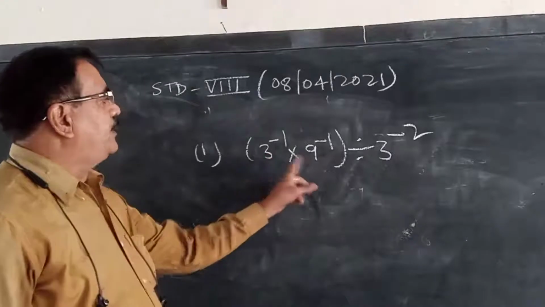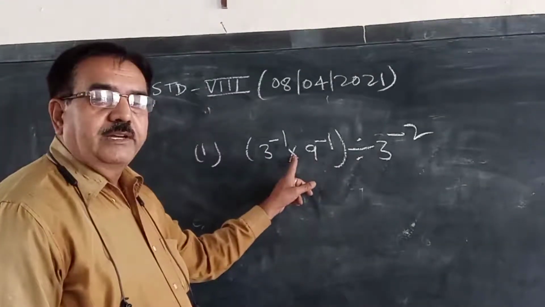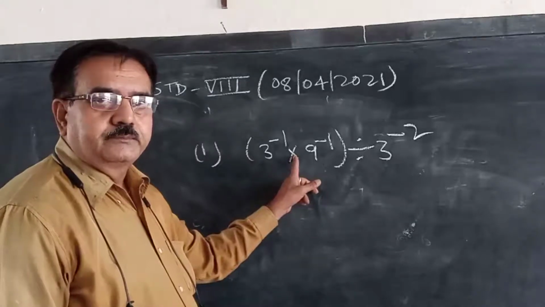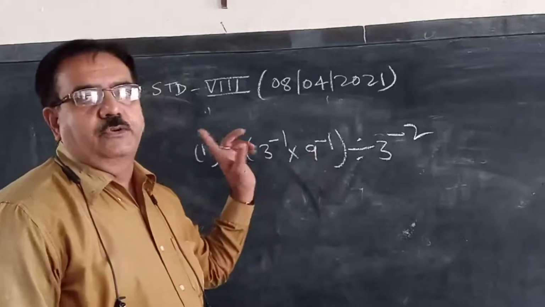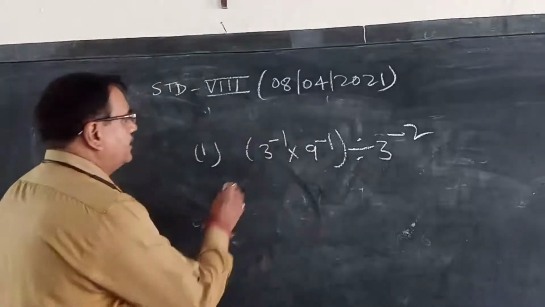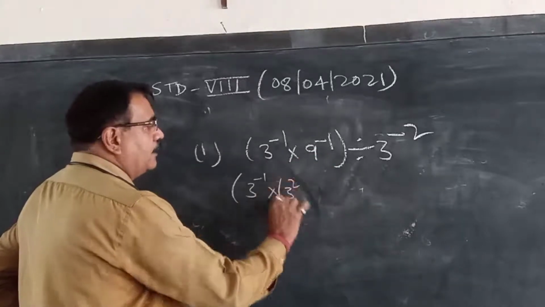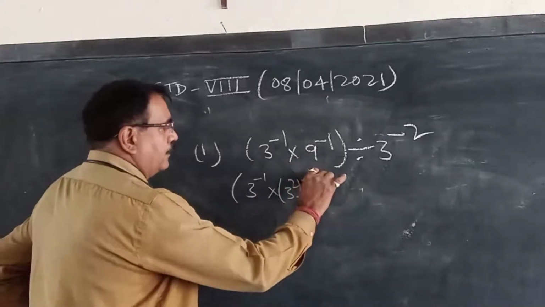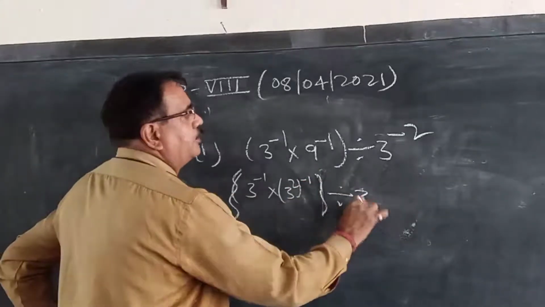Between these two, what sign? A multiplication sign is there. We can make the base the same also here. How to make the base the same? 3 to the power minus 1, and 9 we can write as 3 squared, their power minus 1, in curly brackets, divided by 3 to the power minus 2.